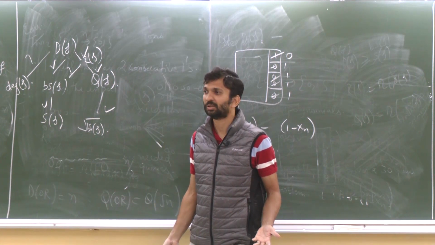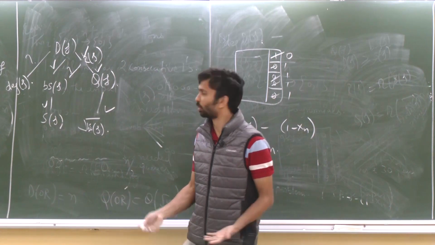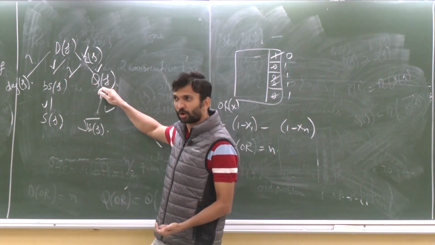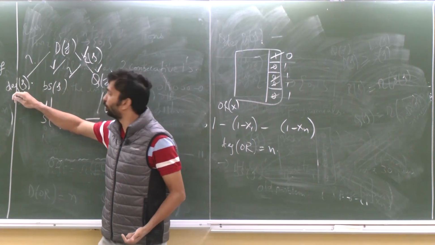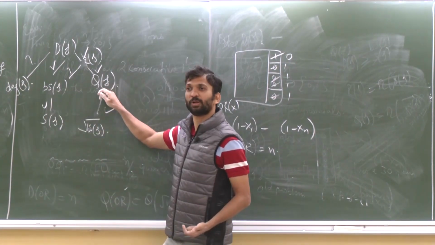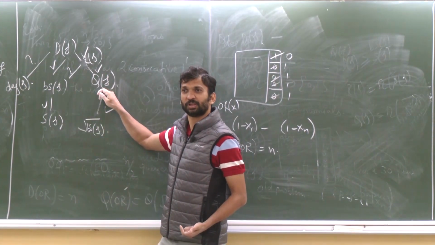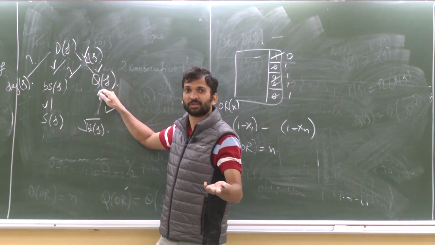No, unfortunately. Because Q of OR is root n, and the degree of OR is n. So I know a function where this is not a lower bound. So degree of f cannot be a lower bound on Q f. If it is not true for one function, it cannot be true for all functions. Right?